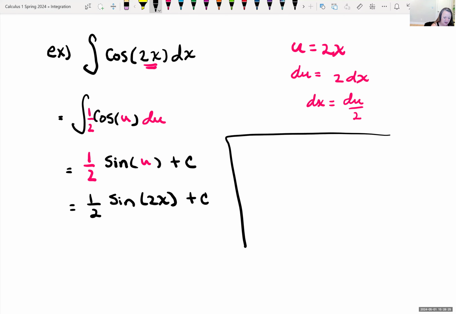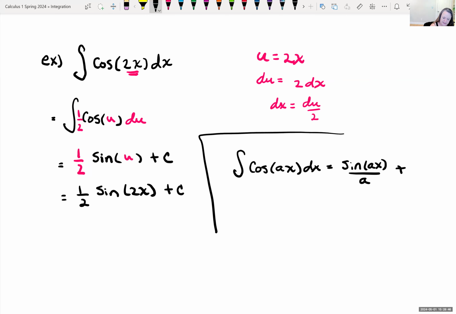That's why when you have the integral of a trig function, so let's say cosine of ax dx, this is the same thing as sine of ax over a plus c.